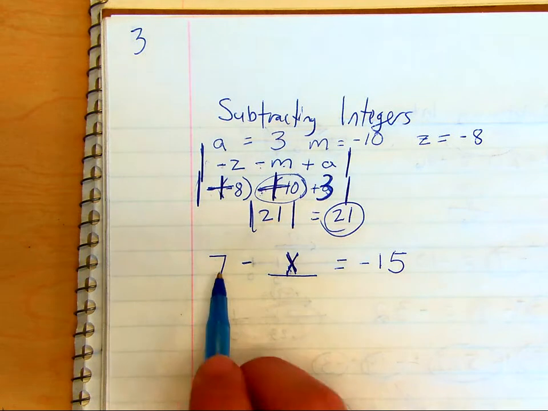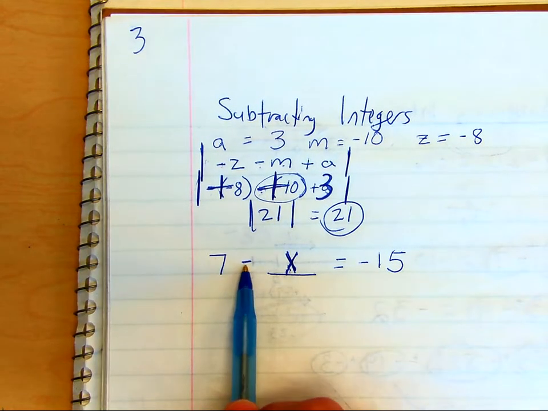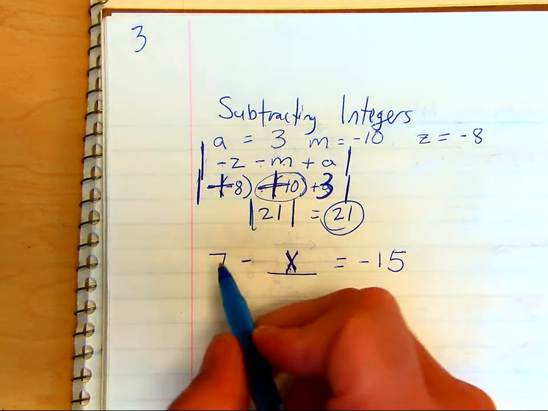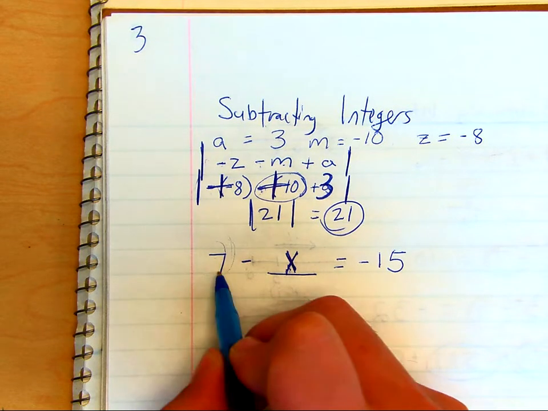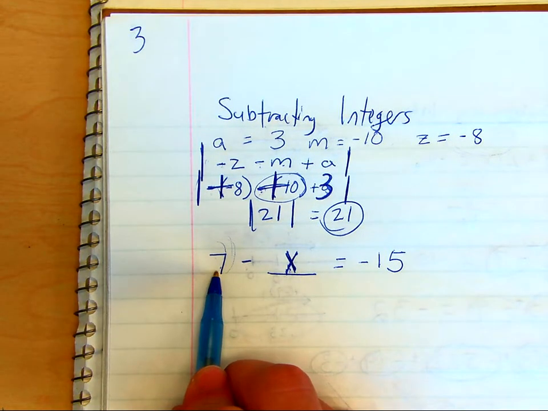Okay, so I know where you're going. Last year we looked at this and said, oh, it's a subtraction problem, so I'm going to have to add, right? But I'm subtracting X, so that's a little bit different. How do I get rid of, if you will, a 7? What's the opposite of 7?